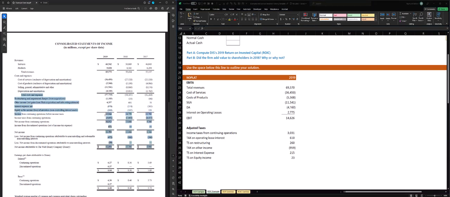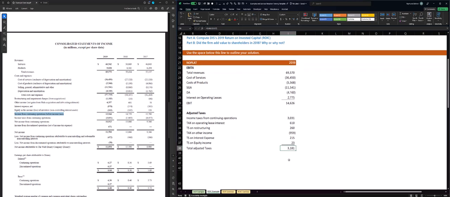Income from continuing operations before taxes, so that's EBT. So we're done. Total adjusted taxes. I want to underline this. So we have 3181.